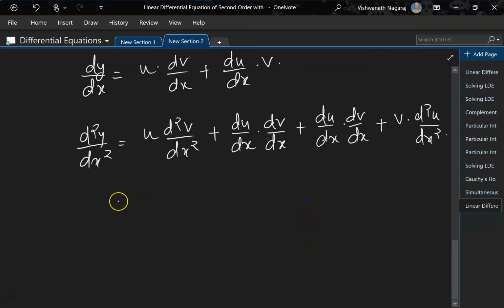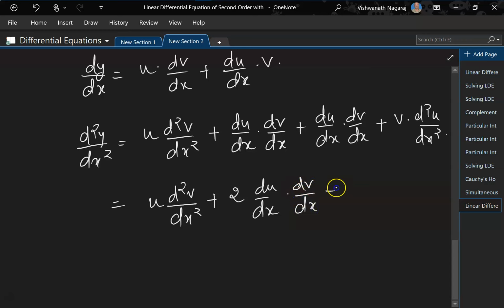Yes, so this becomes u d2v by dx square plus 2 times du by dx times dv by dx plus v d2u by dx square.